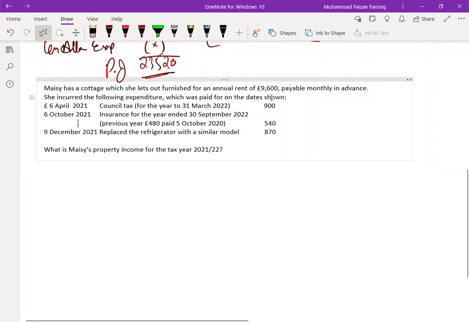Macy has a cottage which she lets out furnished for an annual rent of £9,600, payable monthly in advance.